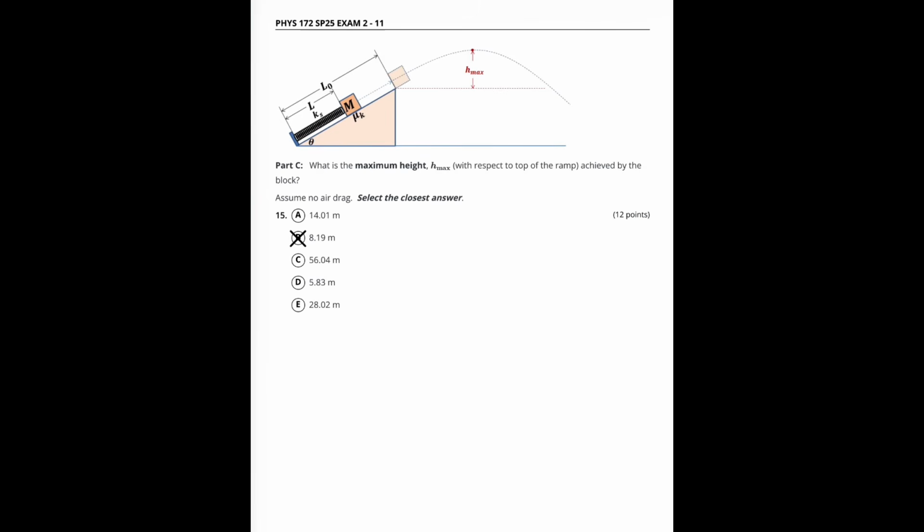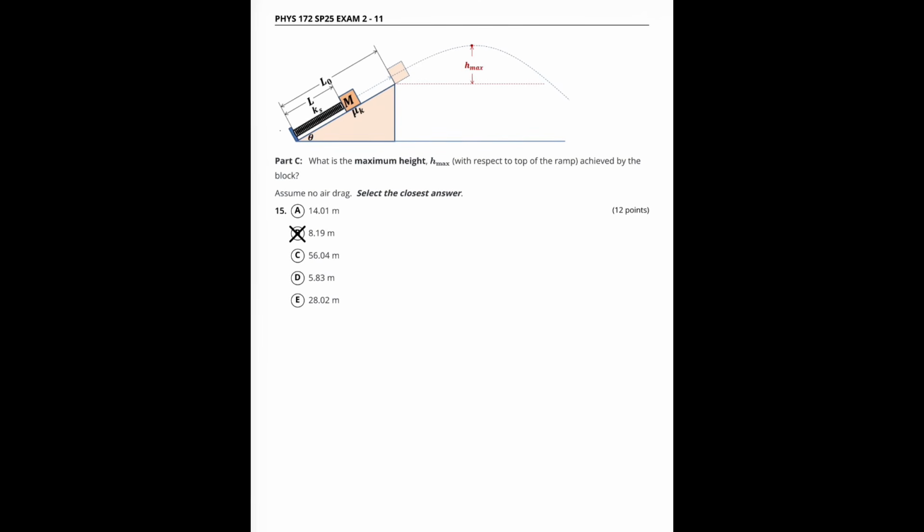Part C states, what is the maximum height H max with respect to the top of the ramp achieved by the block? Assume no air drag. So when we're at H max, we have our block, and from our block we have gravity acting downward, mg, and we have our velocity that we mentioned earlier, v naught, at an angle of theta.